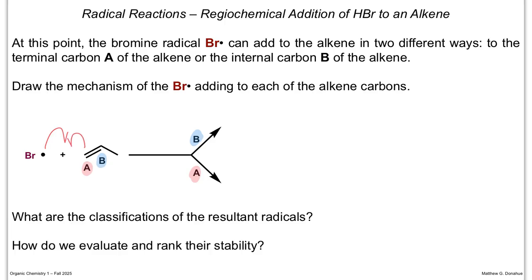Then one electron of that pi bond comes over. That forms the carbon A to bromine sigma bond. And then that remaining electron of the pi bond ends up on carbon B. So we just formed this sigma bond, and that results in a radical at that carbon.